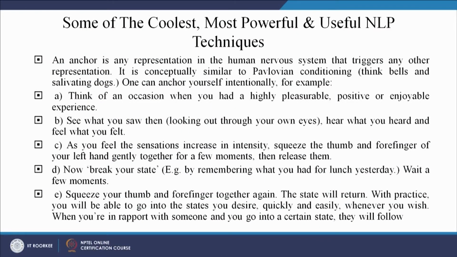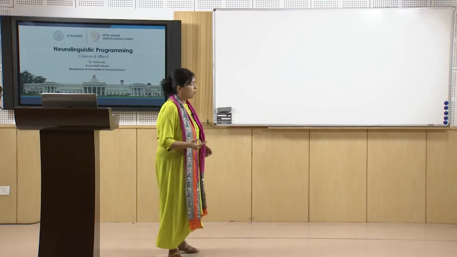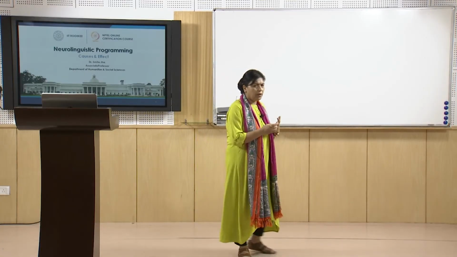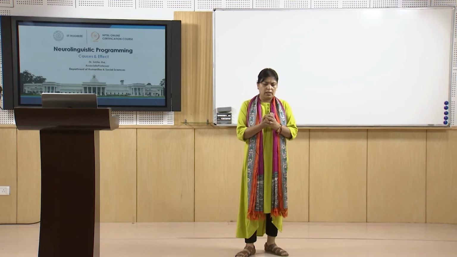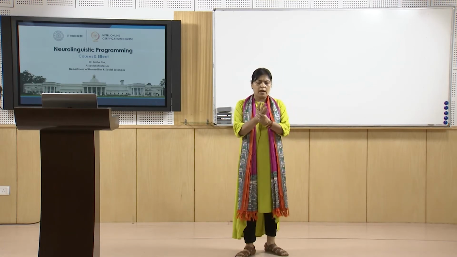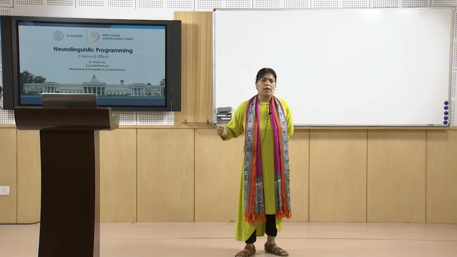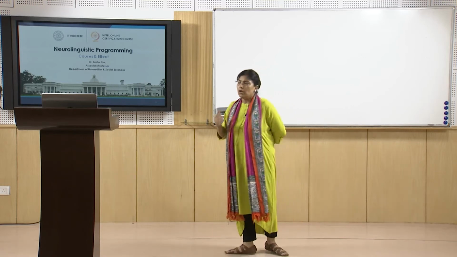With practice, you will be able to go into the state you desire quickly and easily, wherever you wish. When you are in rapport with someone and you go into a certain state, they will follow. So there are many things, like making a ring like this, squeezing the thumb, or rubbing the hand or the pen, just releasing the nervousness, neutralizing the nervousness.